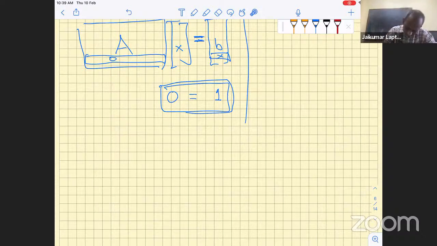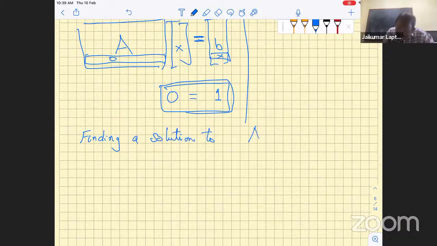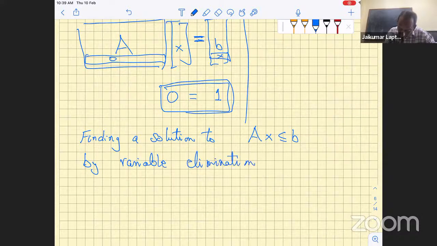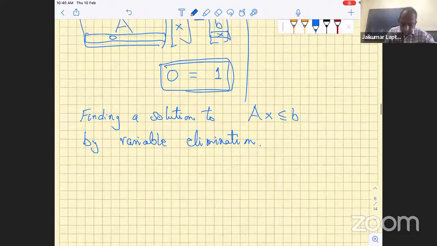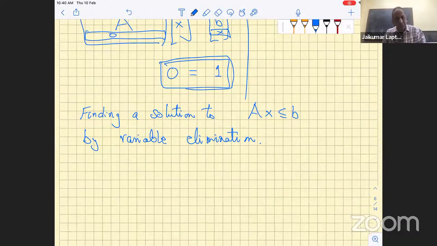Let me just write down: finding a solution by variable elimination. It is like Gaussian elimination. We will eliminate one variable at a time. We will get a new system. We will try to solve it.